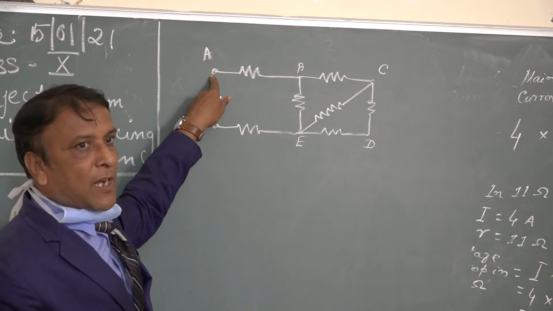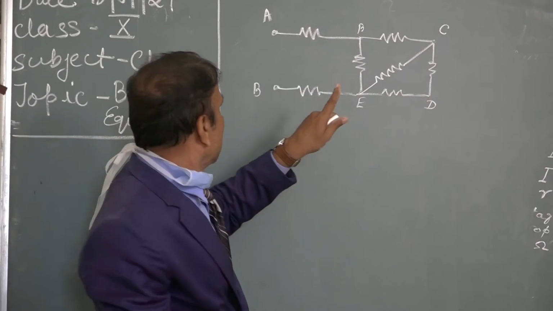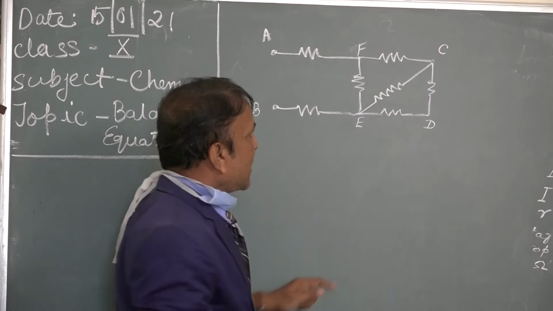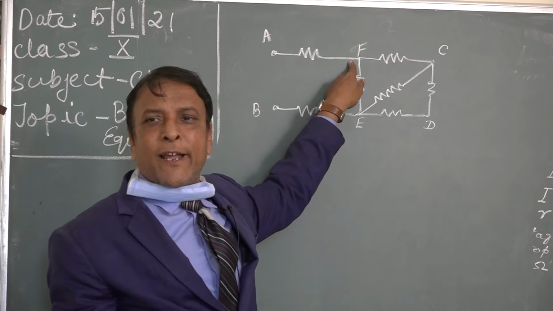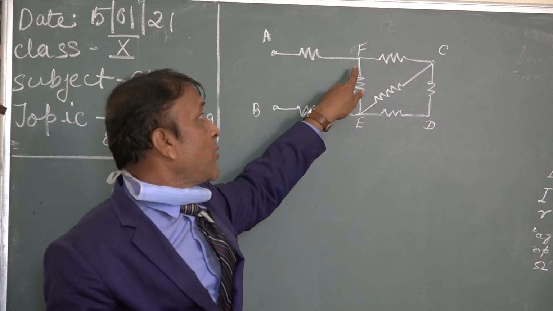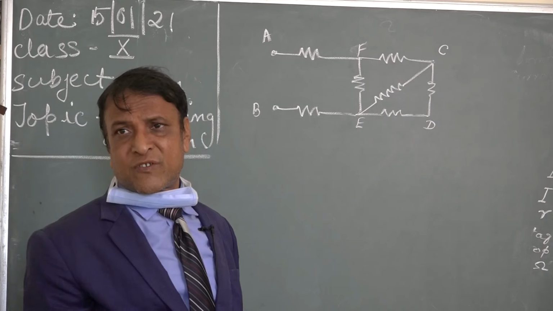Here A is one terminal, B is another terminal, but what is the naming of this point F? These are called nodes.